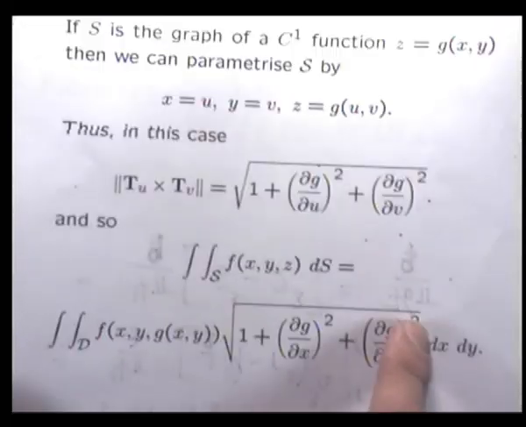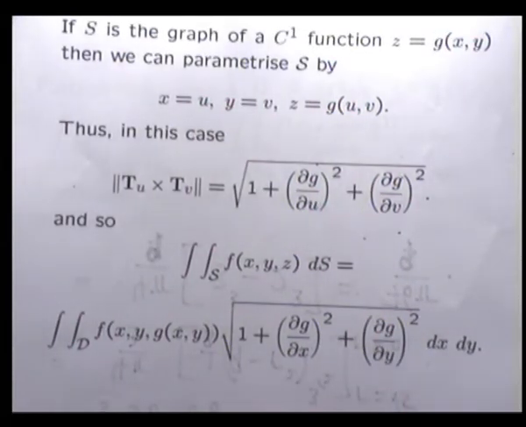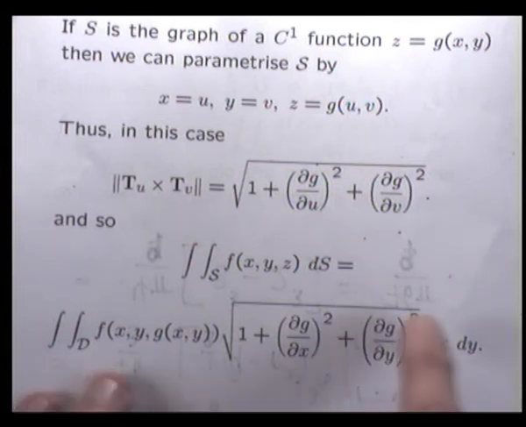Essentially, we're going to show that for a surface z equals g of x, y, this square root is 1 over cos theta, where theta is the angle between the k vector and the normal vector to the surface. Okay, that's all we're going to do.